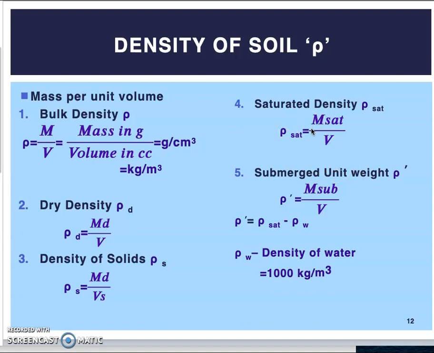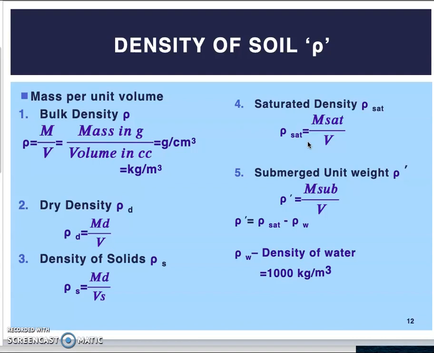At one point of time, all the voids will be occupied by water, in which case it is called completely saturated or 100% saturated. Now what happens if you add more water? Already all the voids are filled with water, so when you add more water, the water will start surfacing. It will come above the soil. It is as good as the soil mass being sunk inside the water.